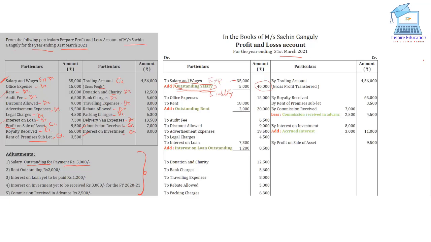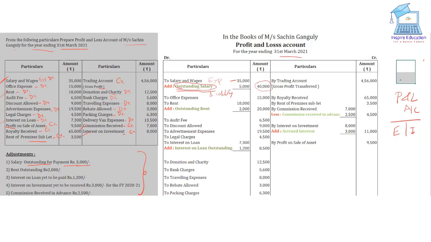Someone is asking that if it is a liability, then it should be on the credit side. It should be on the credit side of what? We are preparing the profit and loss account. Remember, profit and loss account. In the profit and loss account, we are concerned with only incomes and expenditures. Expenditure on the debit side and income on the credit side.